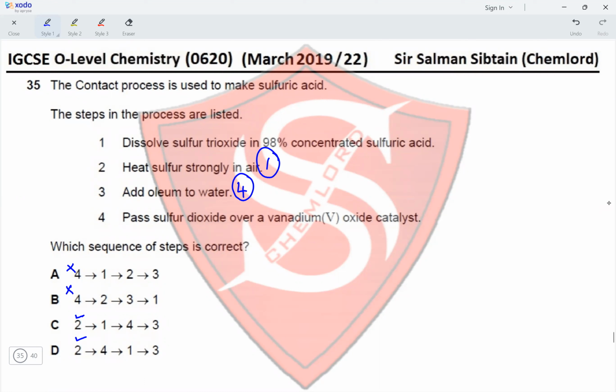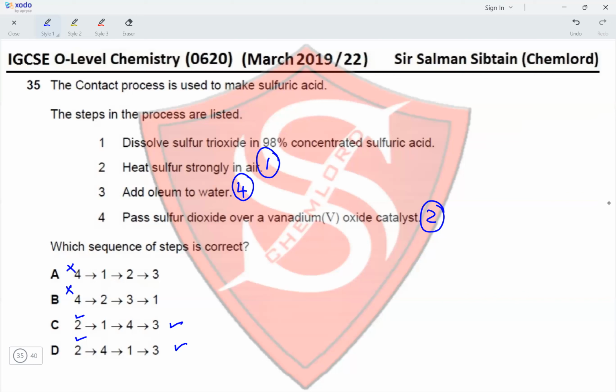So options C and D both have step 3 as the last step. We will continue with both options and pass sulfur dioxide over vanadium(V) oxide catalyst. So now we are left with dissolved sulfur trioxide and passing sulfur dioxide over vanadium. We have already heated sulfur strongly in air. This produces sulfur dioxide. So step 4 is actually step 2, because after the production of sulfur dioxide, it is passed over vanadium(V) oxide to produce SO3.